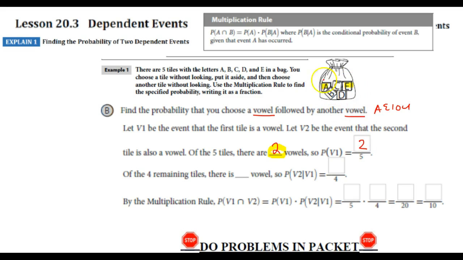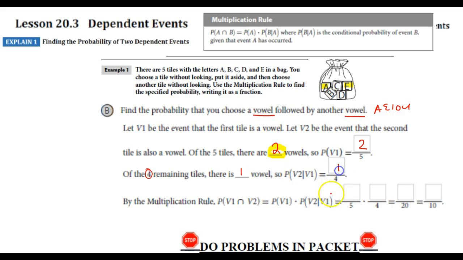Now remember, we're going to take a tile out and not put it back in. So what would 1 less than 5 be? 4, right? And since there were 2 tiles that were vowels and we took 1 away, how many left are actual vowels? 1. It went down by 1.